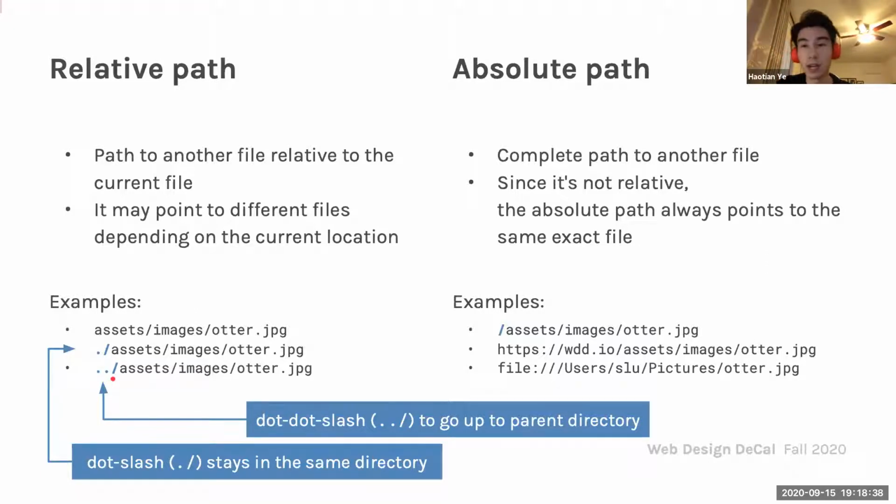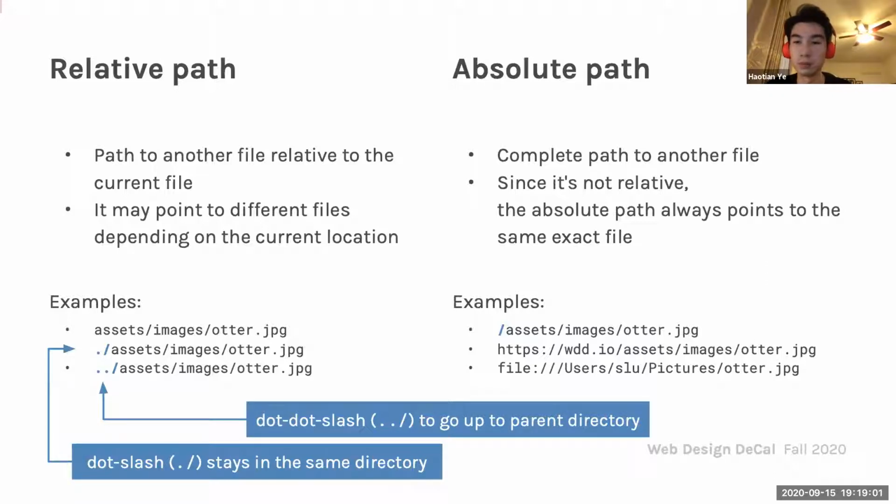On the other hand, there's absolute path. You don't really need to understand this that much, but the definition is a complete path to another file. I don't know if this is a good anecdote, but imagine typing a web URL, like let's go to YouTube. You're not going to type https://www.youtube.com. That's pretty useless.